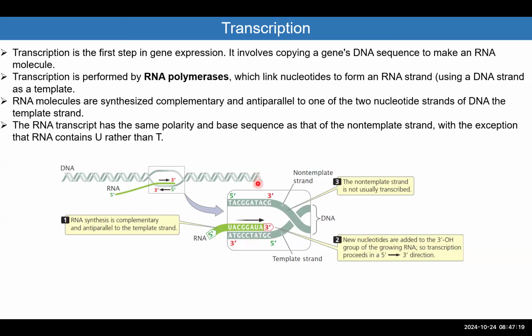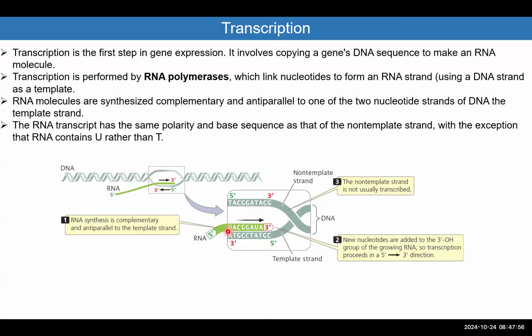The RNA polymerase reads this template strand and transcribes it into an RNA molecule. Now, if you look at the template strand, you will see that the RNA is going to be complementary to it, or in other words, it is identical to the non-template strand, with one exception, that the T is replaced with a uracil. The thymidine is replaced with a uracil.